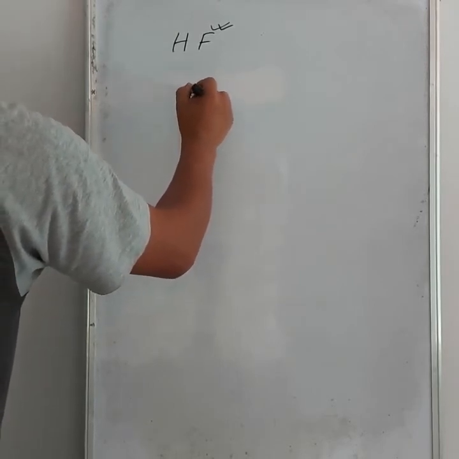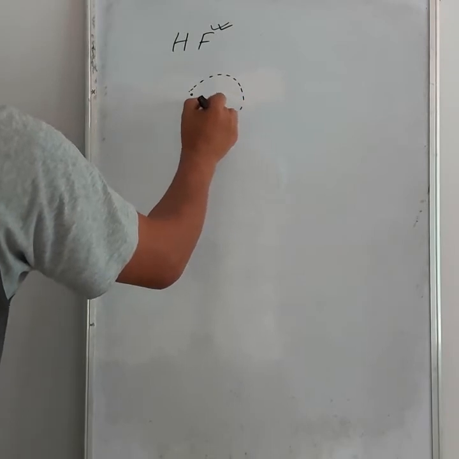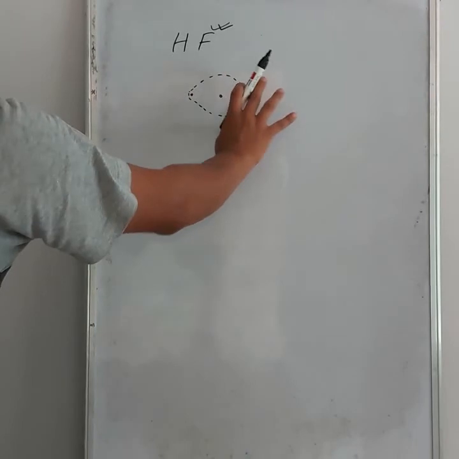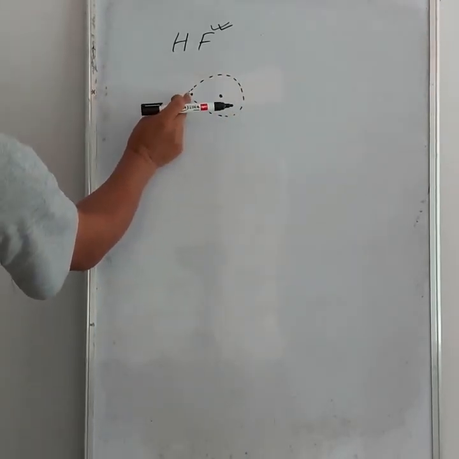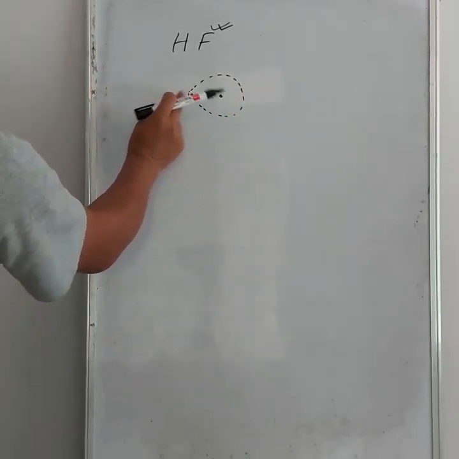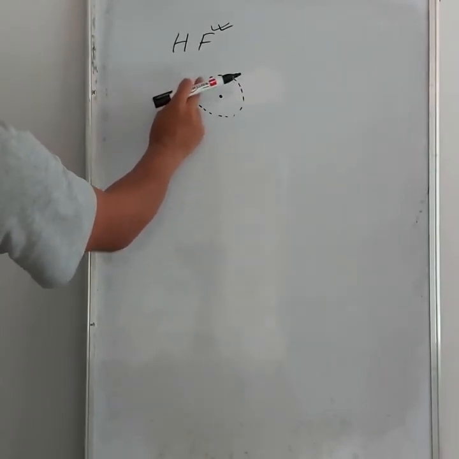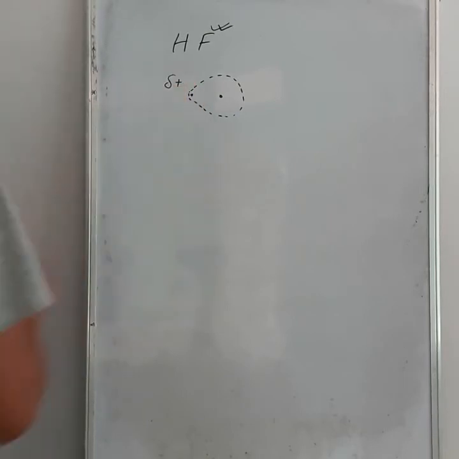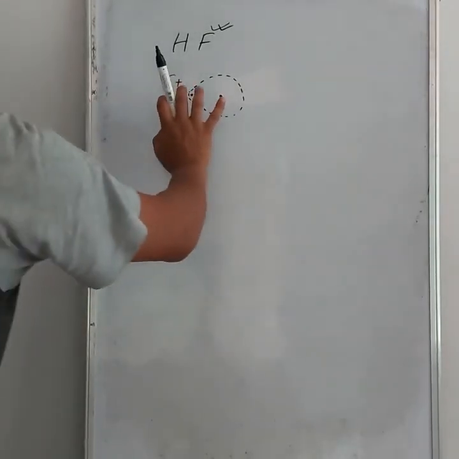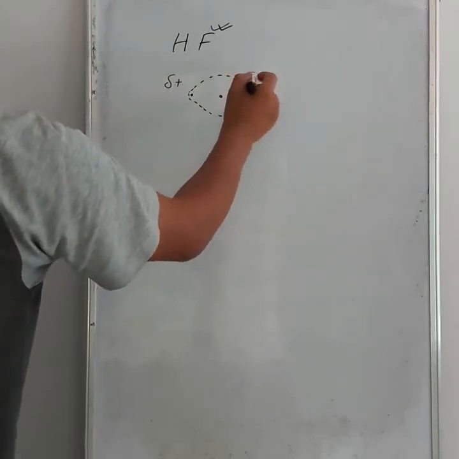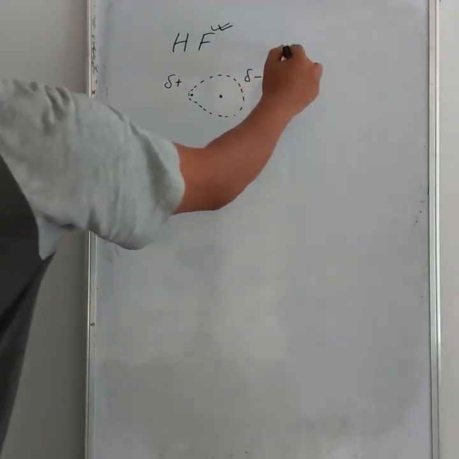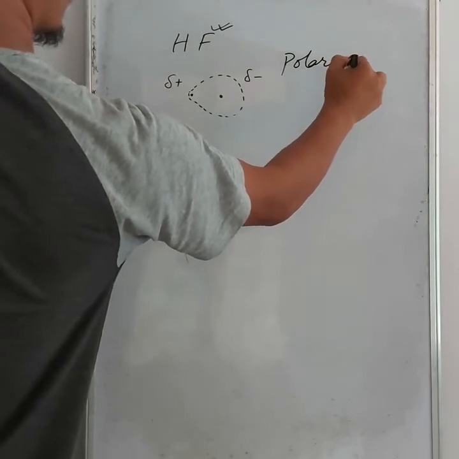We'll see that the electron cloud is being pulled towards the fluorine side, making it very negative and rendering the nucleus of hydrogen almost bare. Because the nucleus is positively charged, hydrogen acquires a slightly positive charge, and since fluorine is pulling all the electrons towards its side, it acquires a slight negative charge. So now it is polarized.